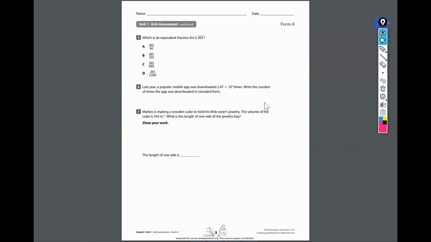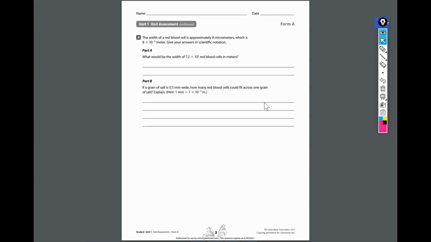Number 4, the width of a red blood cell is approximately 8 micrometers, which is 8 times 10 to the -6 meter. Give your answer in scientific notation. So in the last problem, we've been talking about taking scientific notation and multiplying the two scientific notation numbers together.